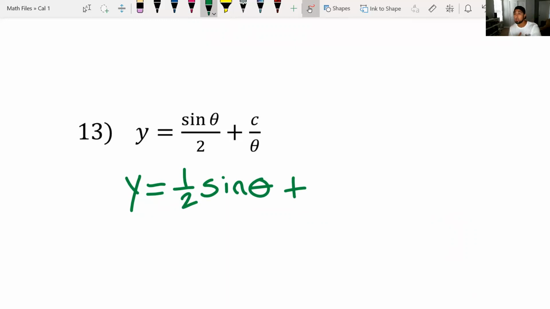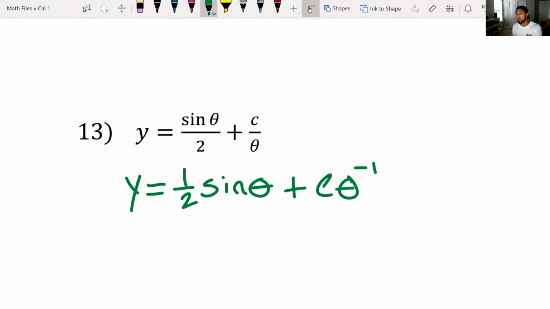Theta is the variable here that we're going to take the derivative of. So we're going to use the negative exponent rule to rewrite this one. c over theta is going to become c times theta to the negative 1. I just flipped the theta up using the negative exponent rule.